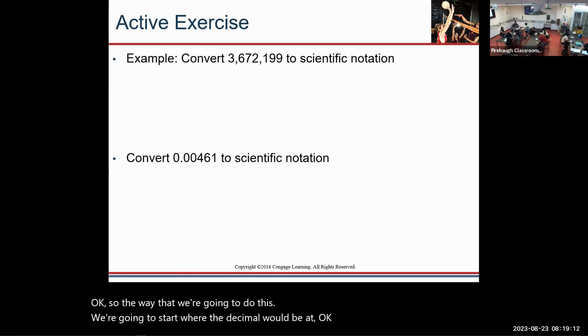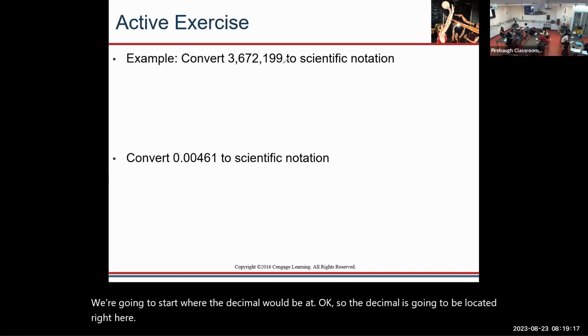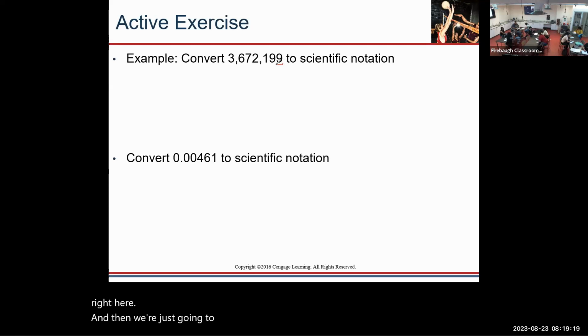Okay, so the decimal is going to be located right here. And then we're just going to move back. That's one spot, two, three, 4, 5, 6. So we're going to move so that we have only one number in front.